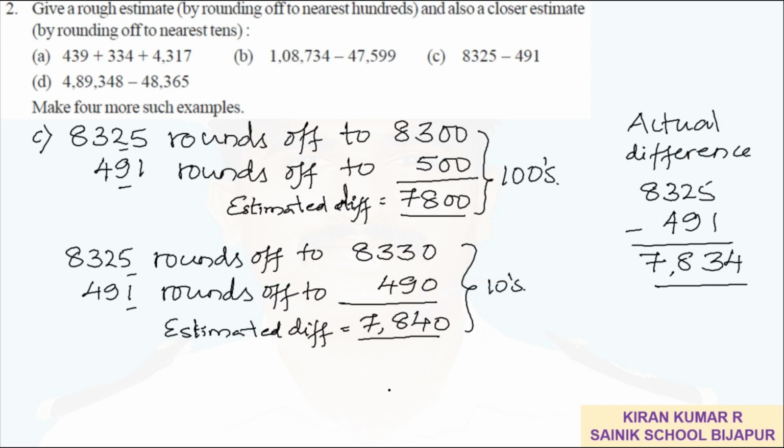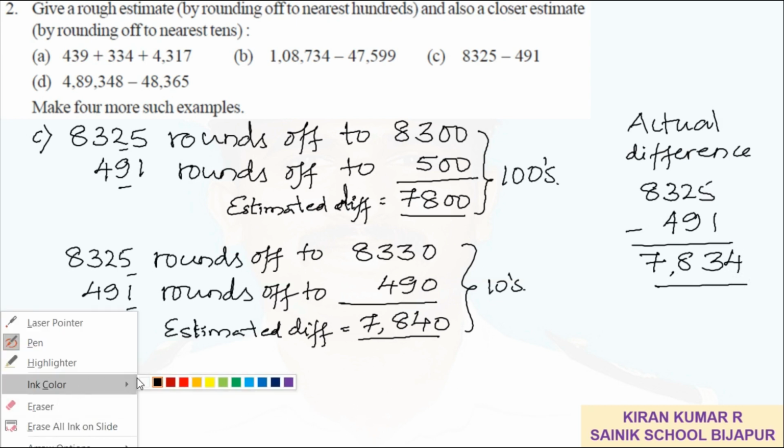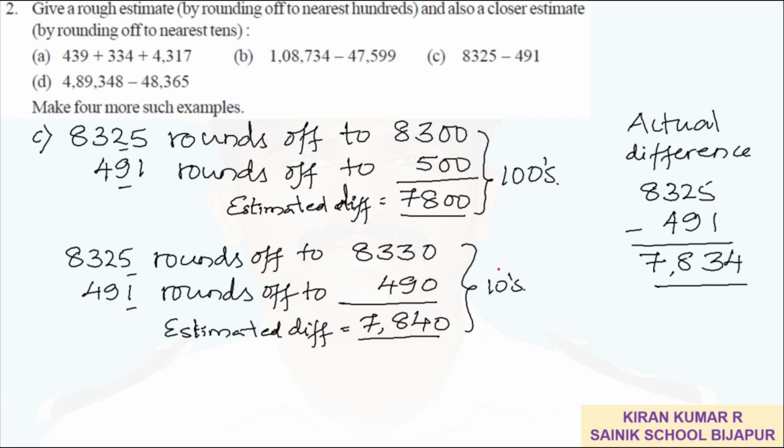Which one is closer to 7,834? You can see this is very close to this number when we round it off to the nearest tens. So we will not consider this part. We'll consider this part. It is very close to 7,834. There's a difference of 6. Here there is a difference of 34. Now you must be very clear.